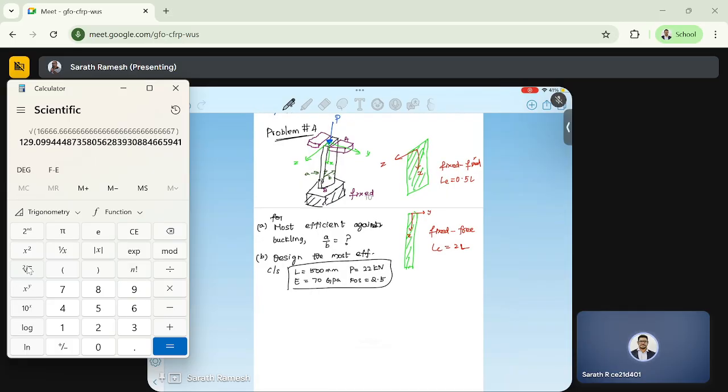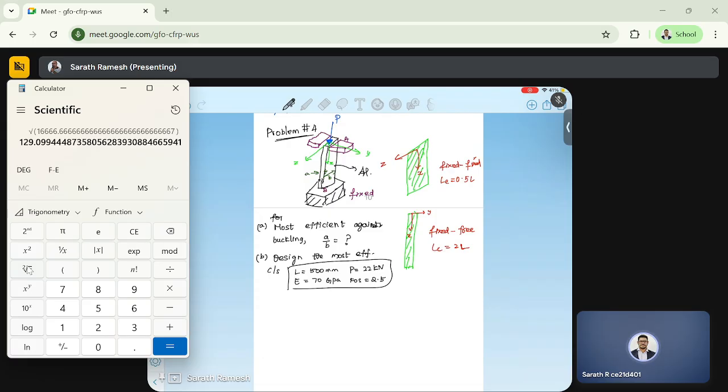So this is the question. Again I repeat, we have been given an aluminum column. The boundary condition is one side fixed, and on the other side there are two smooth, rounded fixed plates which restrain the other end from moving in one plane, but allow it to move in the other plane of symmetry.